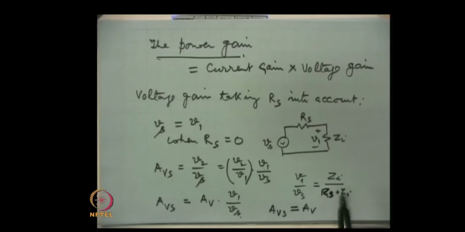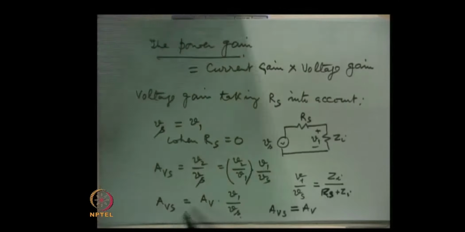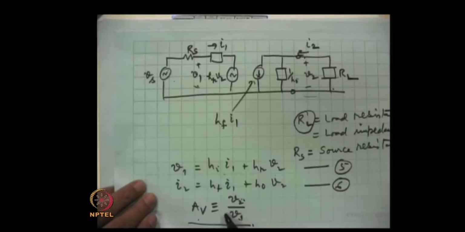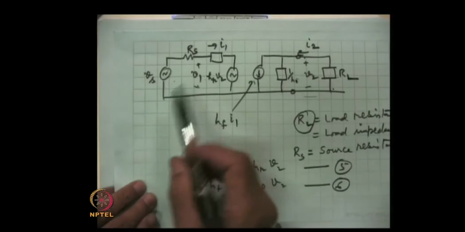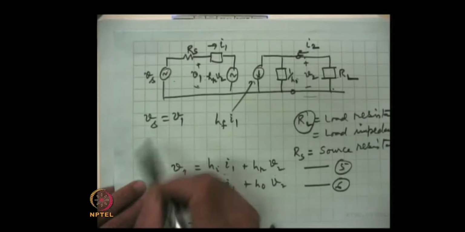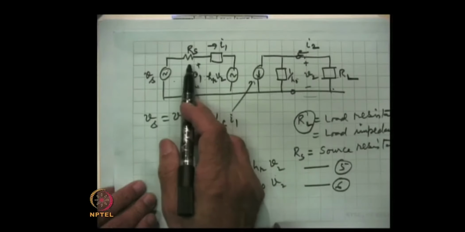Rs is to reduce the voltage gain, and this reduction is obvious here, because we took V2 by V1 in these expressions. There we have assumed Vs is equal to V1, but this will happen only when Rs is 0.